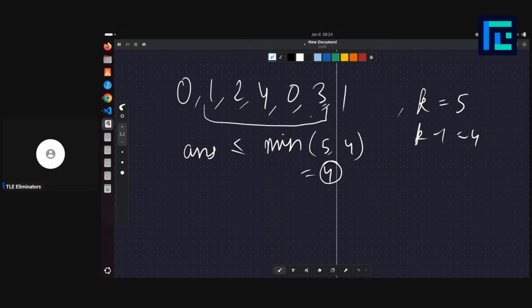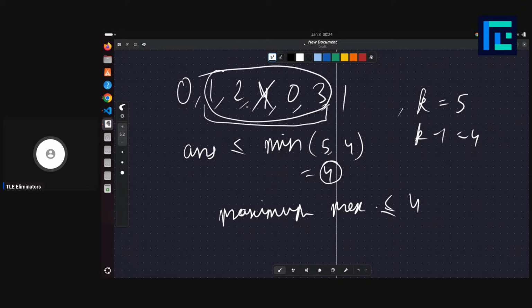But I know that the maximum max, finally after everything is done, is definitely less than or equal to 4. So in this subarray, if I delete this 4, I will never face consequences, because whatever happens, I can never get a max more than 4.